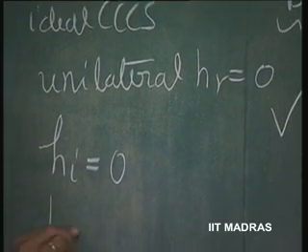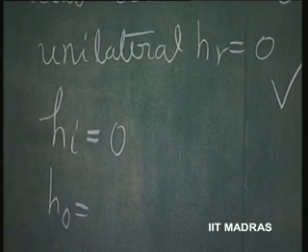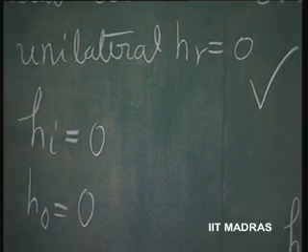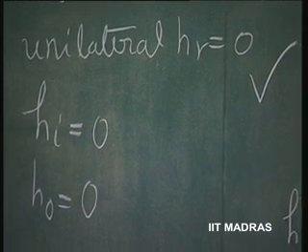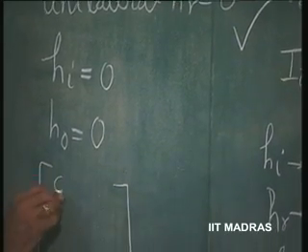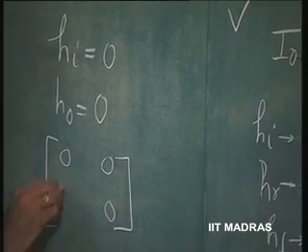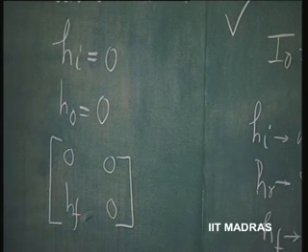H output admittance is 0 because it is a current source output, and therefore the ideal current controlled current source can be represented simply by this.